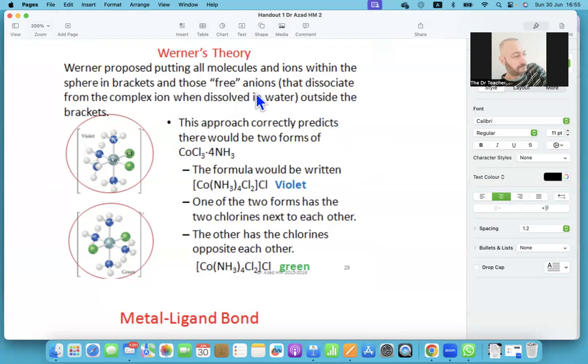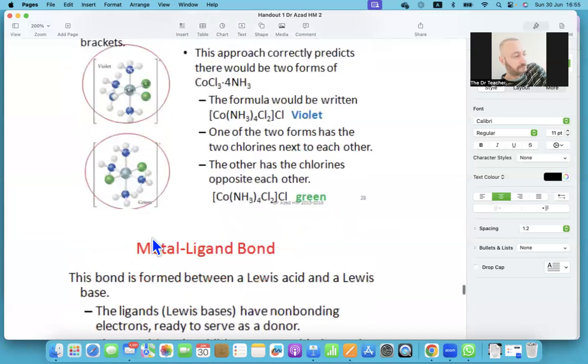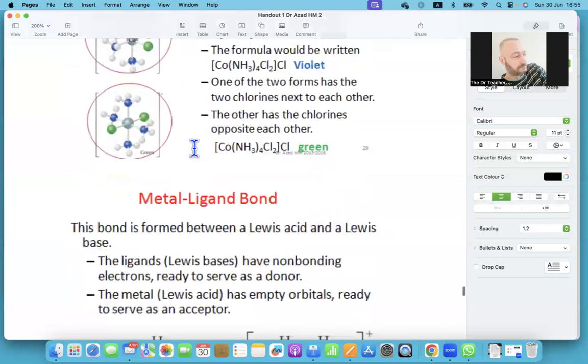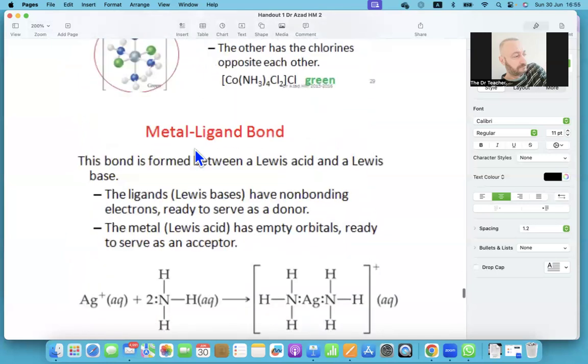And those free anions that dissociate easily from the complex ion dissolved in water are outside. The counter ions, the ones that dissociate, the ones that react, will be outside the brackets. Okay, so now, as you see here, we have a violet and a green and others.